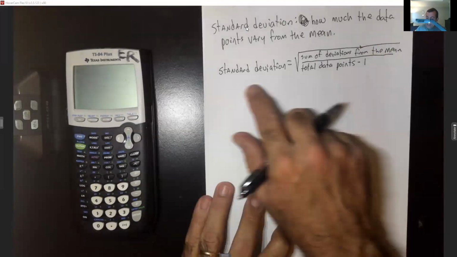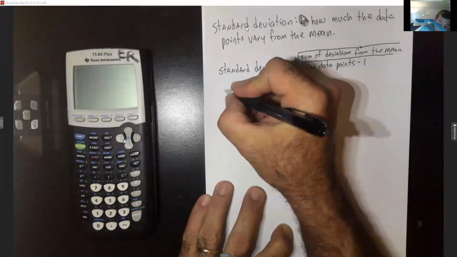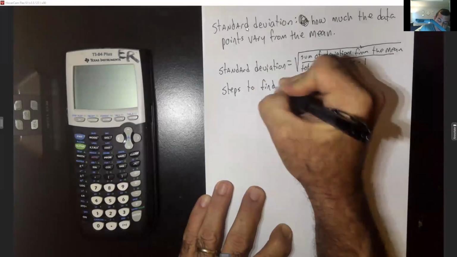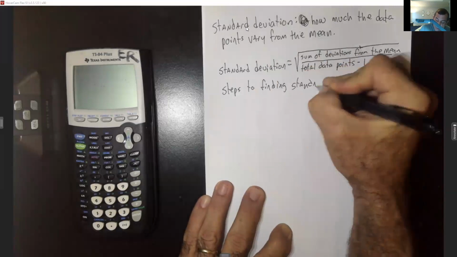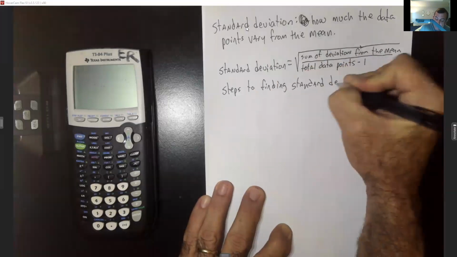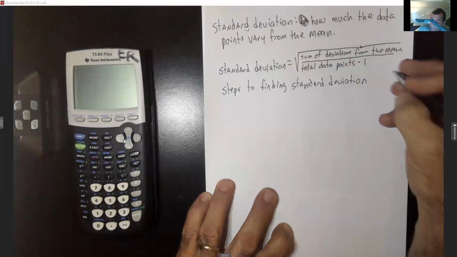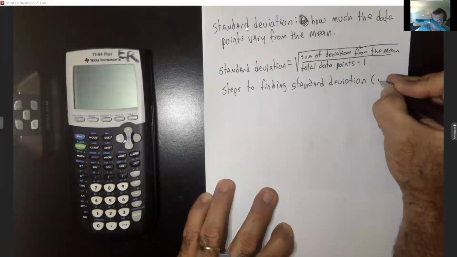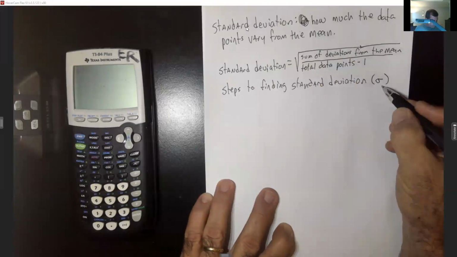So I'm going to write the steps to work this formula. So the steps to finding standard deviation. And y'all, I'll tell you what, if you take real statistics one day, standard deviation is represented by that little symbol right there.